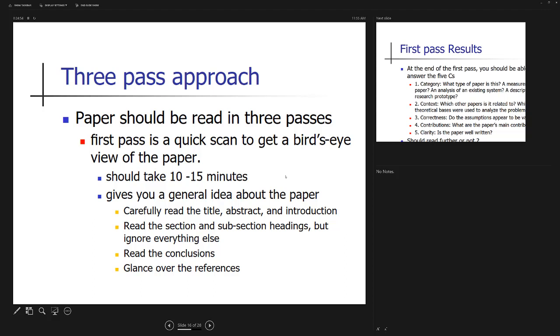So, in the first pass, the first step is a quick scan to get a bird's eye view of the paper. Just go through the title, abstract, introduction, and headings. You are done. Okay? It's not difficult.